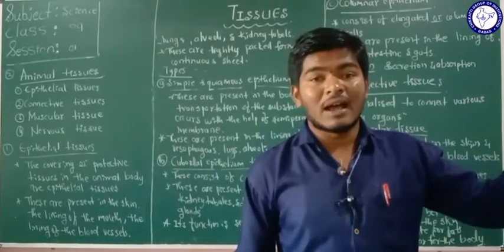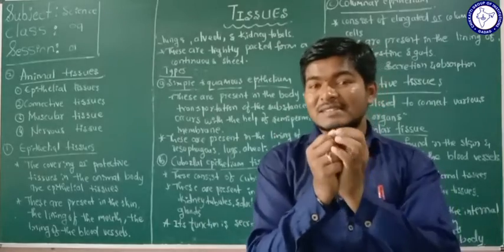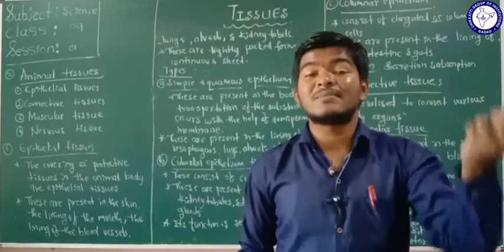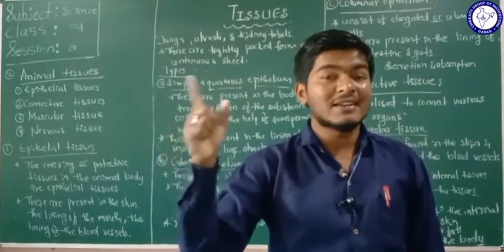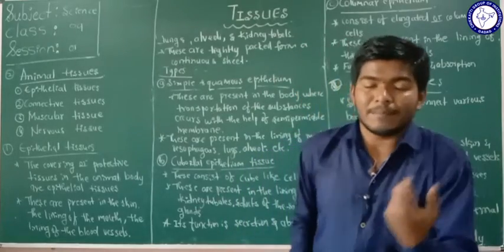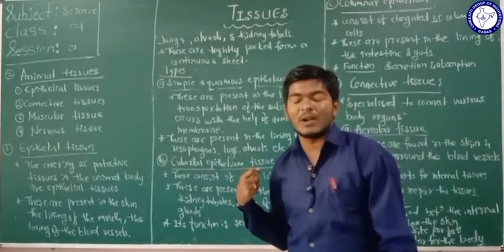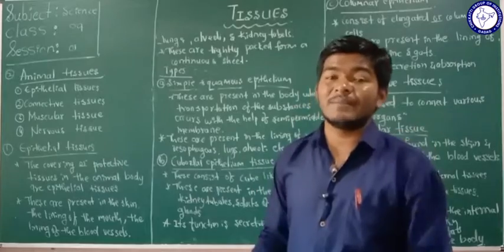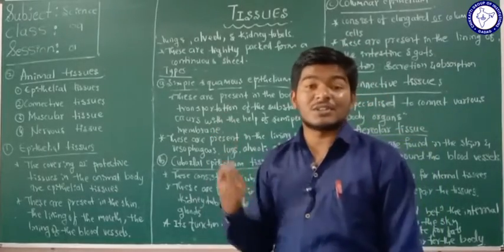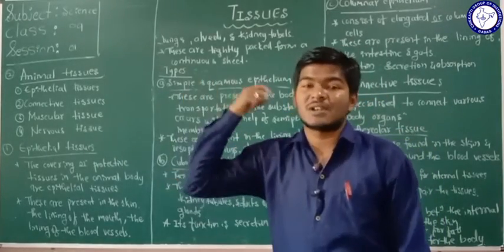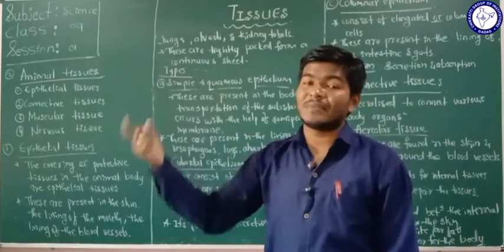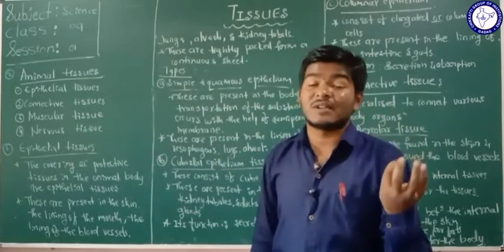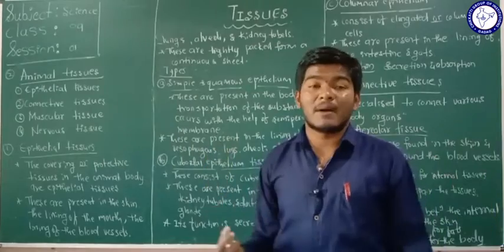As I told already, a group of cells that perform a similar type of work is called a tissue. Blood is a type of tissue present in our body that performs the transportation of minerals, oxygen, carbon and also waste materials towards all parts of our body.